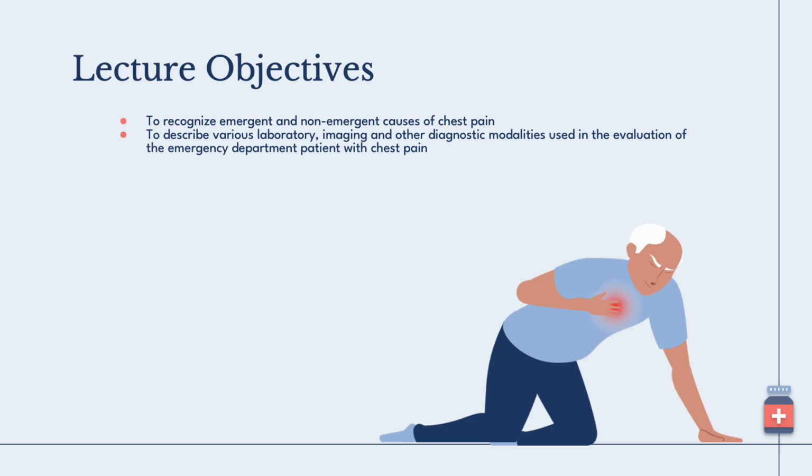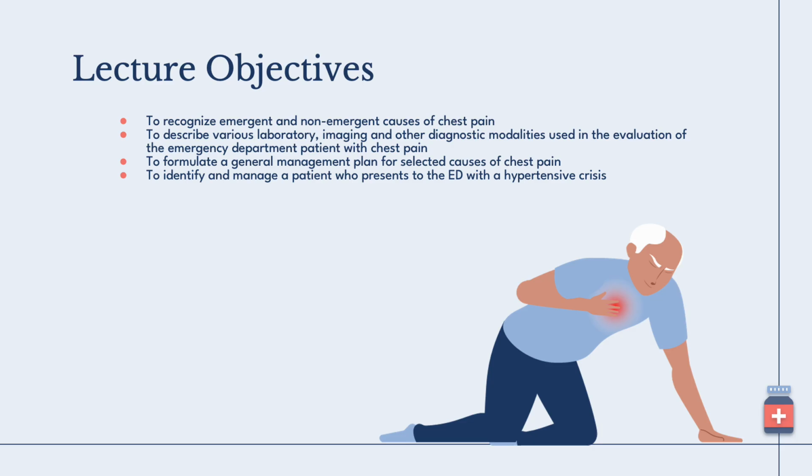So be able to describe the labs and imaging in order to evaluate those patients with chest pain. Come up with your generalized management plan, identify those patients that may present with hypertensive crisis or emergencies.